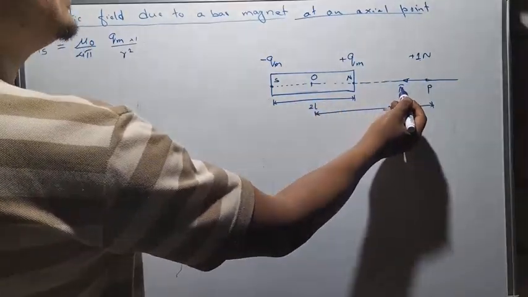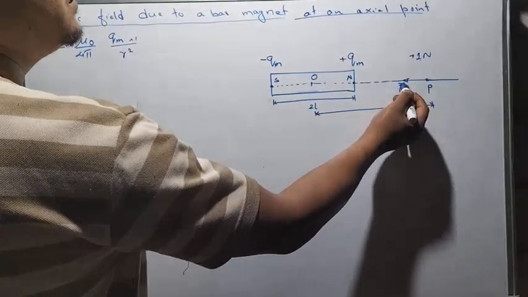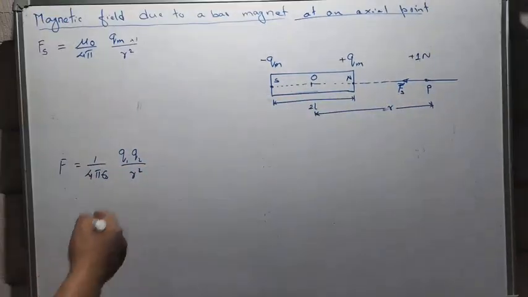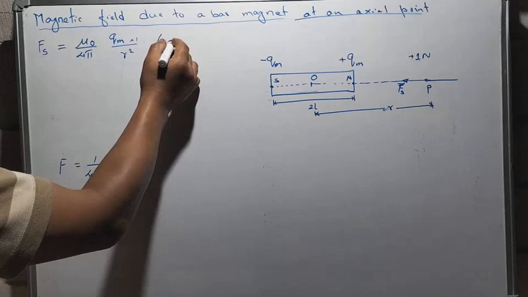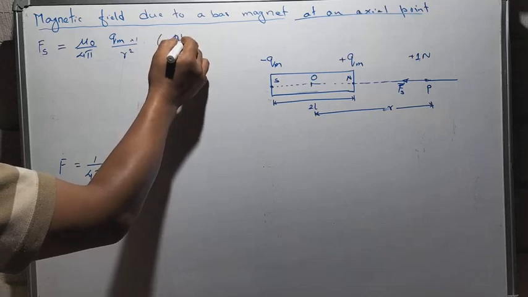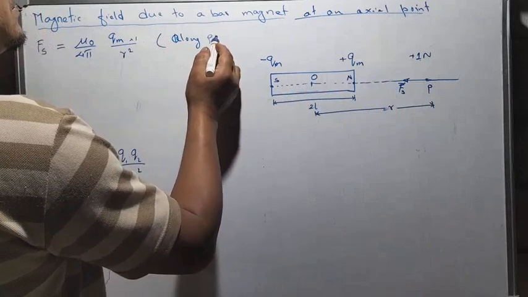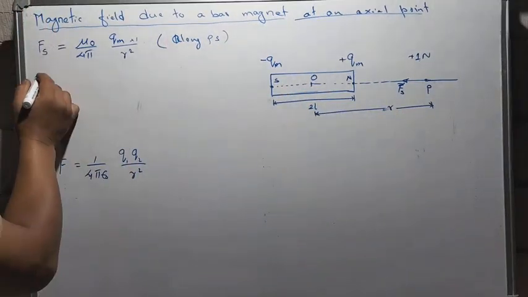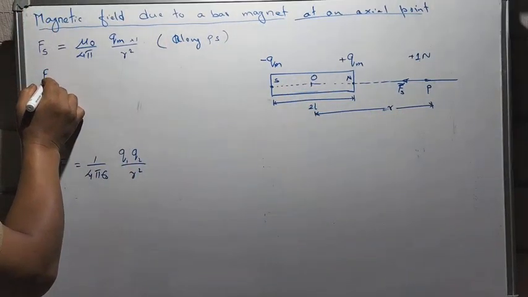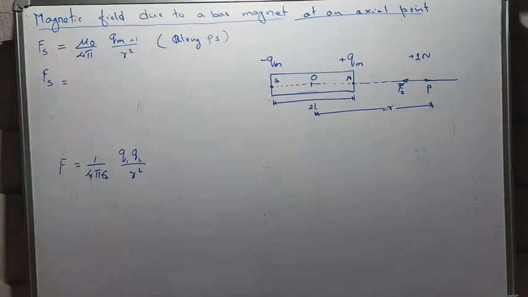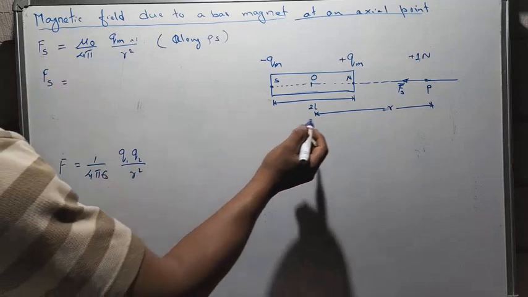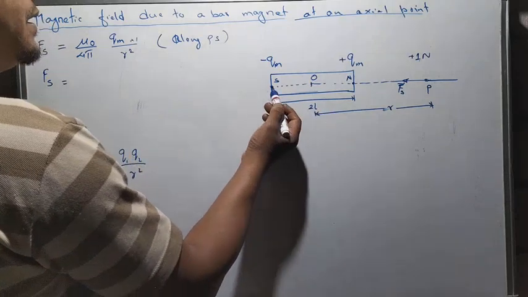So the direction of Fs will be along this side. I will write inside the bracket, it is directed along PS. After this, I will write Fs is equal to... I think I made a mistake here, a little bit of a mistake.